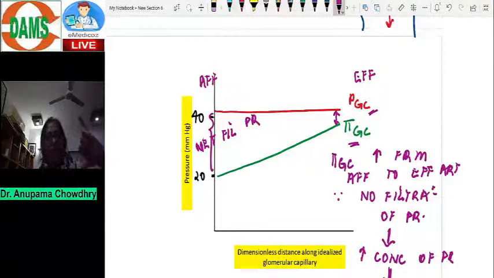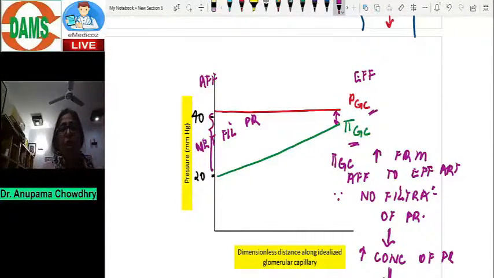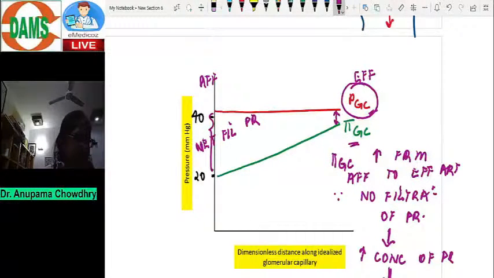Because there is continuous flow from the afferent arteriole, the column of liquid is being maintained, so you do not see much change in PGC. Is that understood? Right? This column of liquid is going to be maintained.